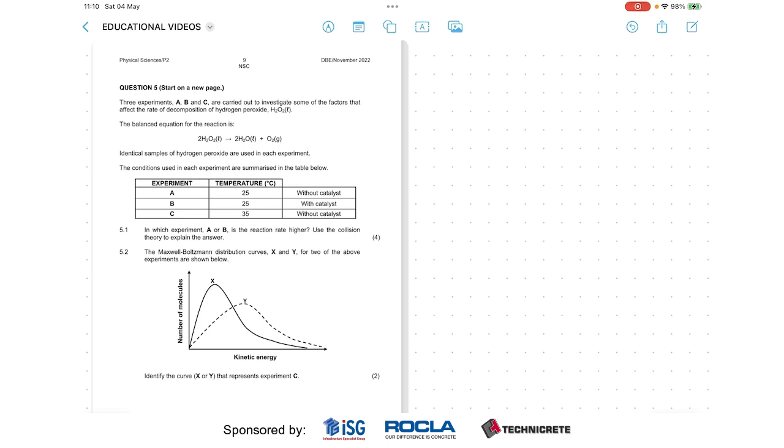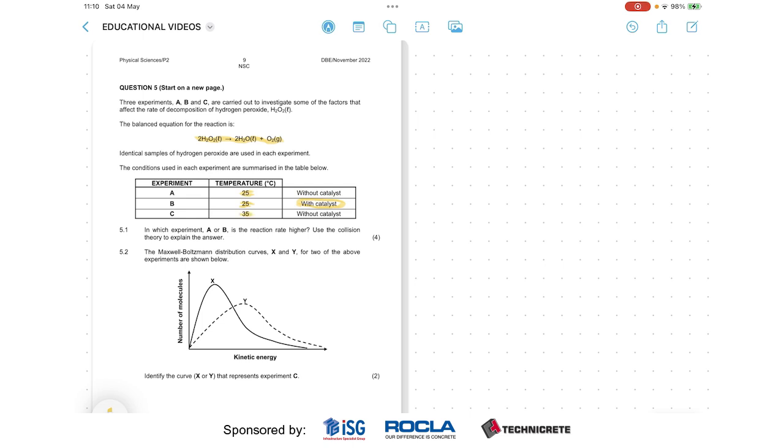3 experiments, A, B, and C, are carried out to investigate some of the factors that affect the rate of decomposition of hydrogen peroxide. Okay, so they give us an equation here. We have hydrogen peroxide decomposing into water and oxygen. And there's 3 different experiments. So we have experiment A at 25, experiment B at 25 as well, but with the catalyst.